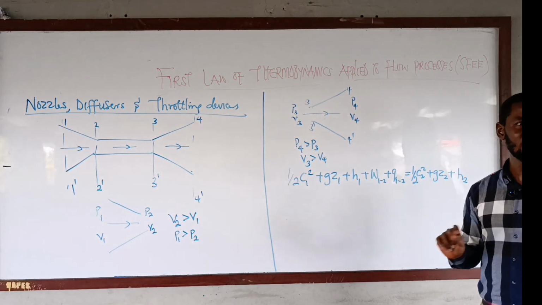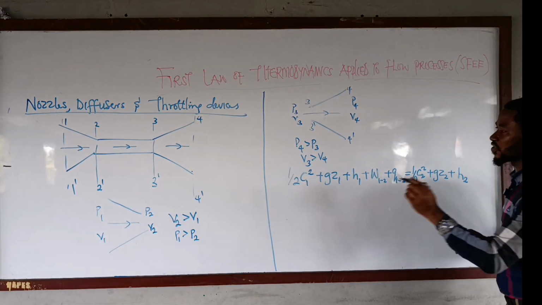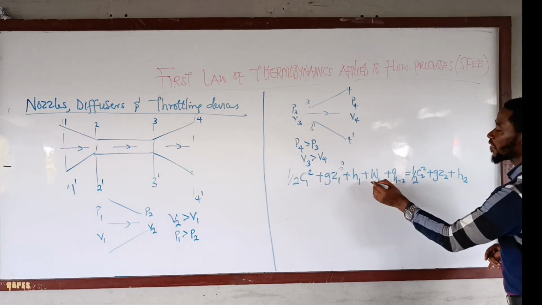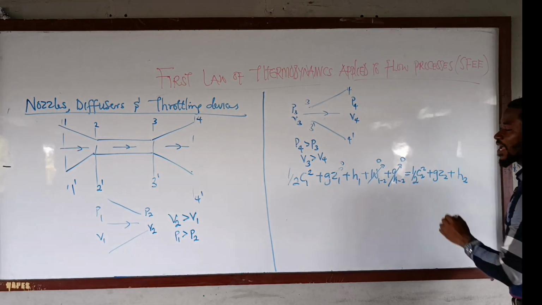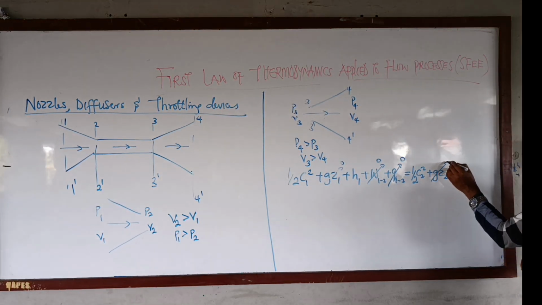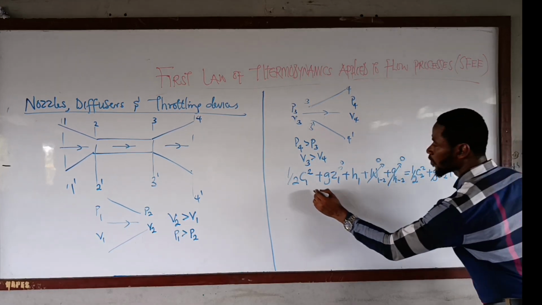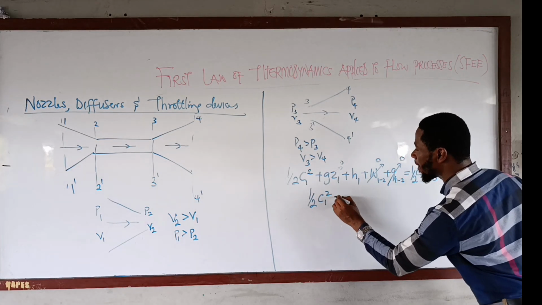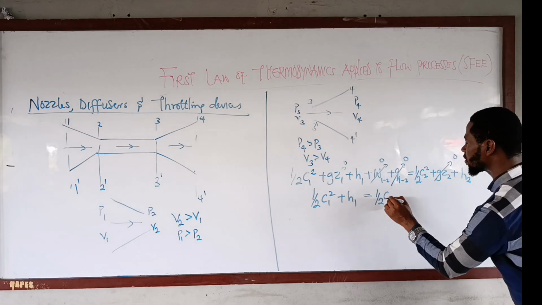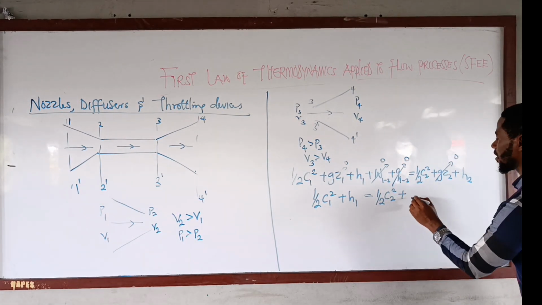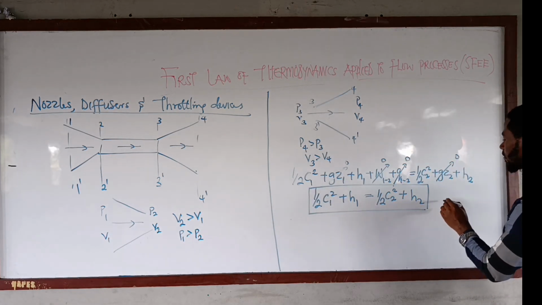Every other thing will be eliminated. So the first assumption is that the potential energy is disregarded, taken as 0. There is no work interaction in the system. This is thermally insulated. So therefore we have GZ2 equal to 0. So we are left with 1/2 C1 square plus H1 equals 1/2 C2 square plus H2. This is meant for nozzles.